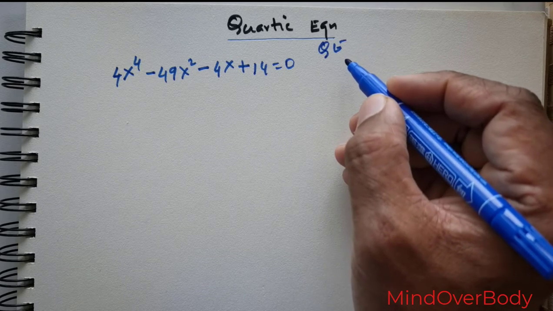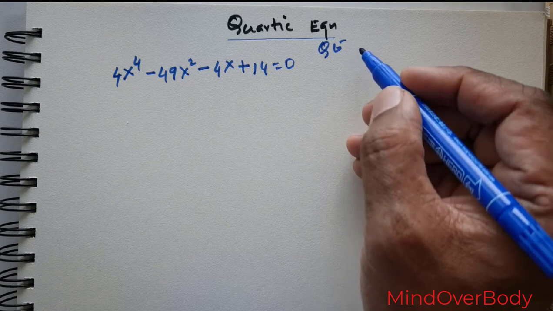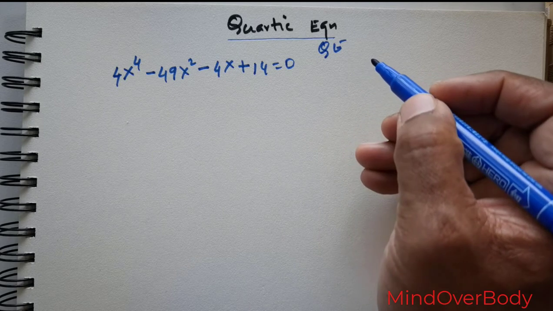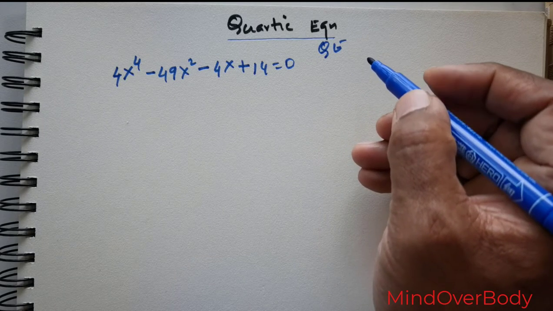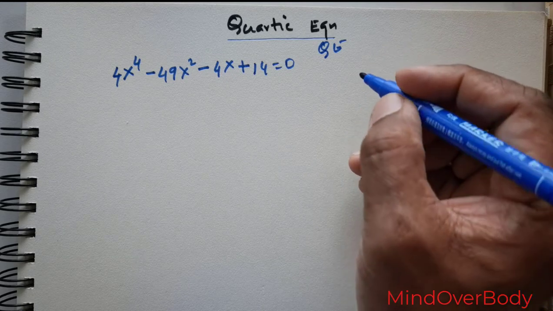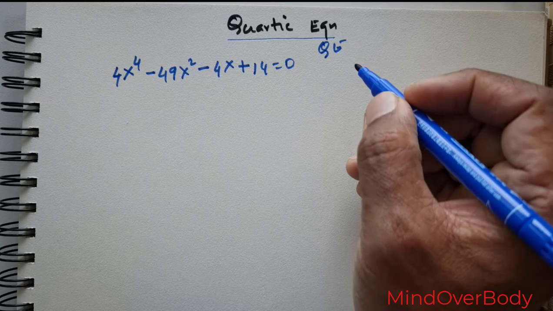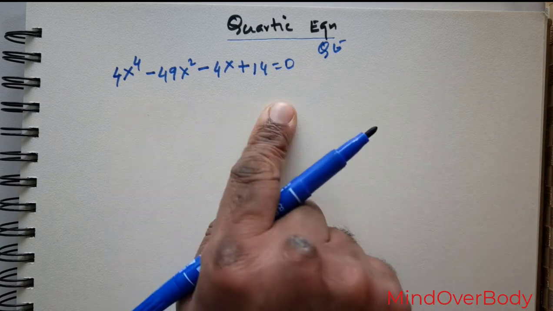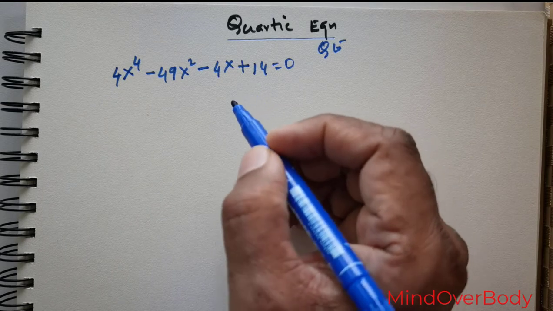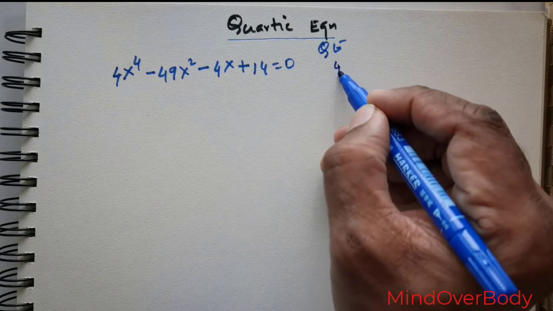I have already worked out a video on quartic equations where the quartic drastically reduces to a cubic equation, and from there the cubic is easily manageable. I've shown around 5 methods for that. You can check that video. But this quartic equation is a little bit unique: it stays quartic and it produces 4 roots.